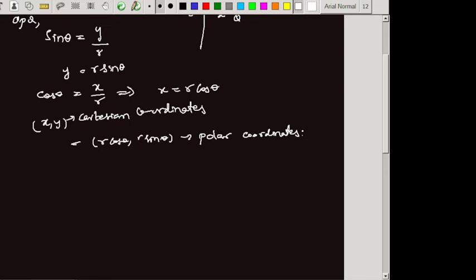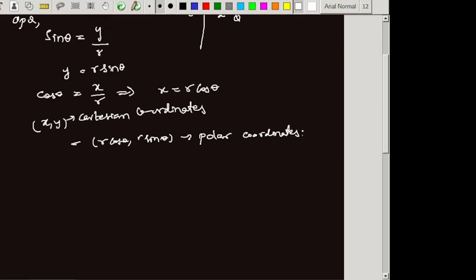So dx divided by d theta, we can write it as r as it is, times the derivative of cos theta, which is minus sin theta, plus dr by d theta into cos theta.